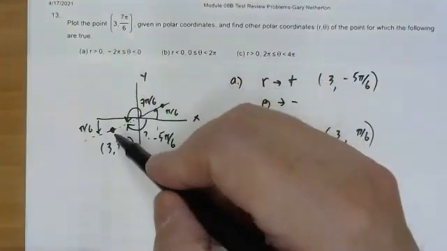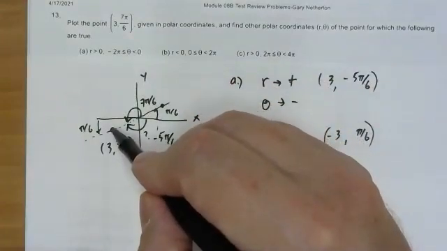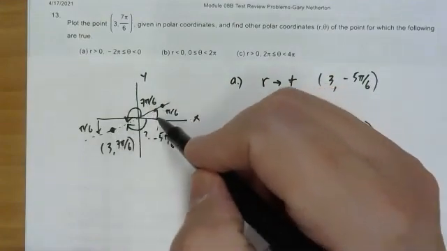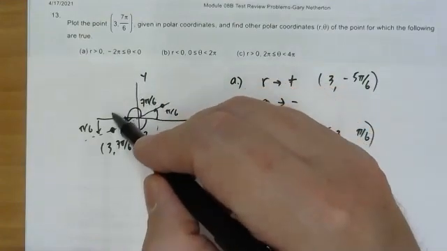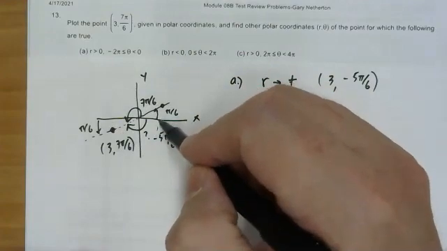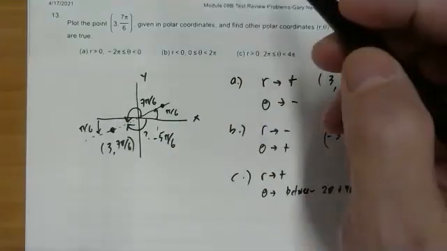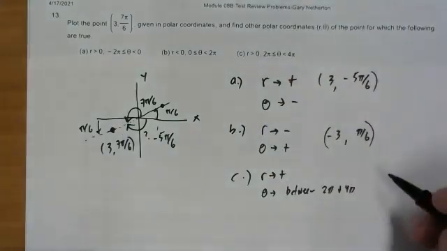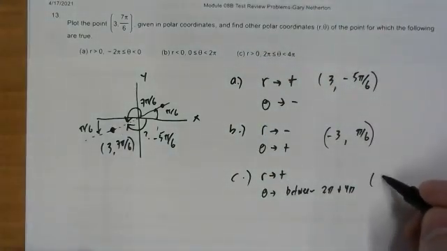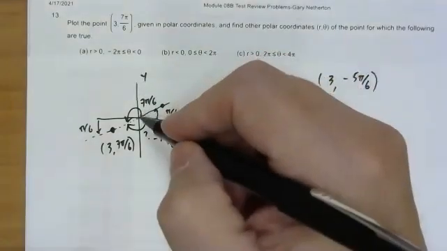So really what they're doing is, we of course need to end up back at our point, but they want you to go around the circle once, which is 2 pi, and then stop here. So pretty straightforward. r is going to be 3.